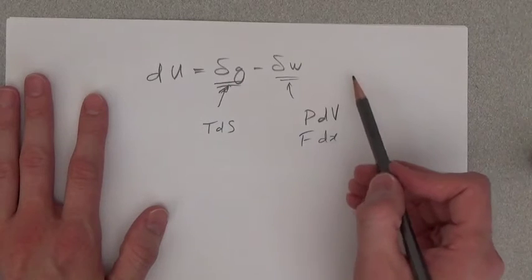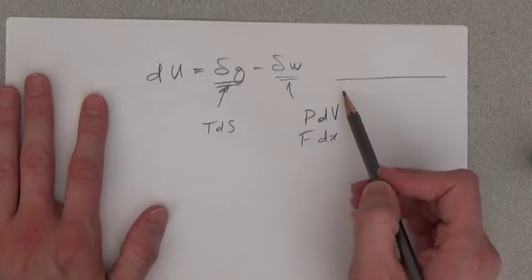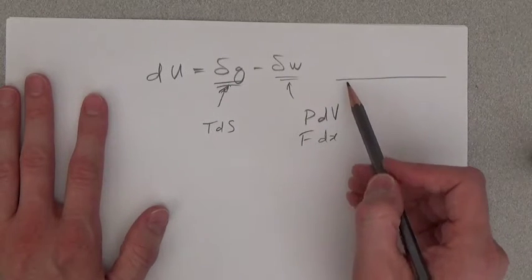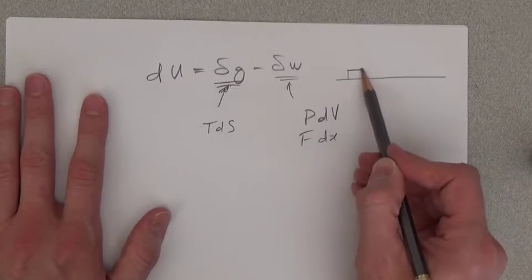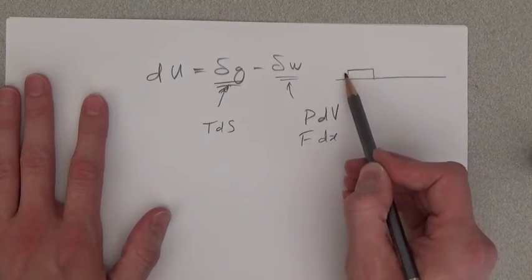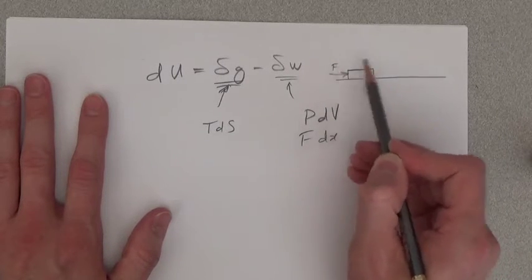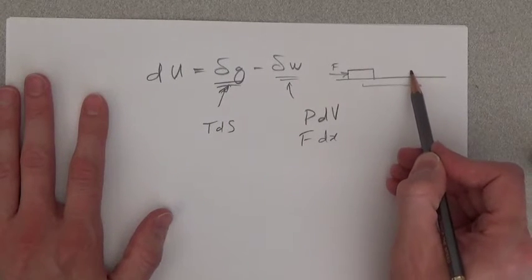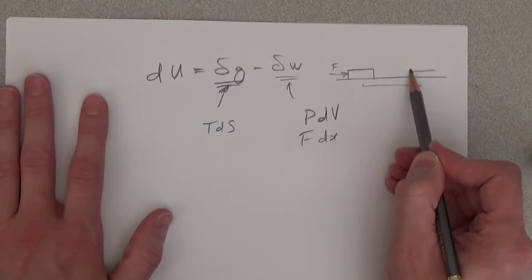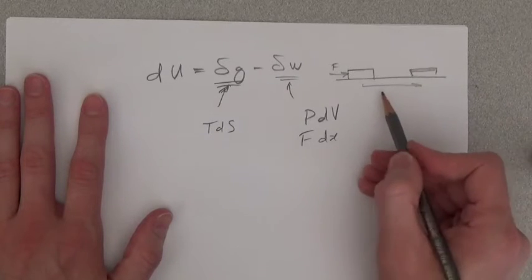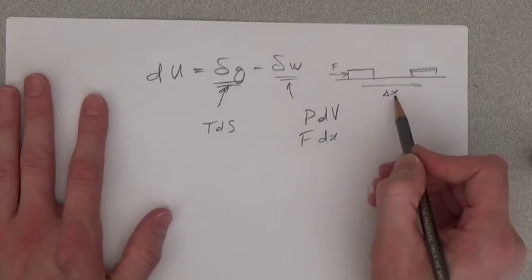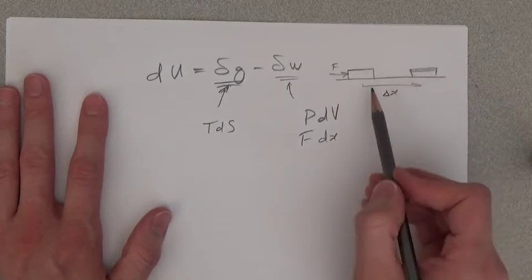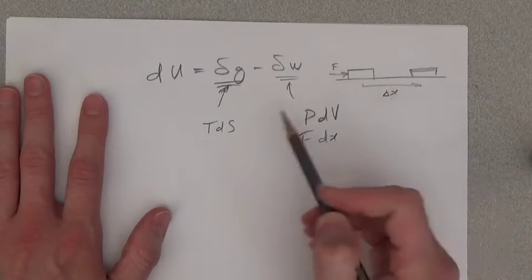You remember from your freshman or sophomore physics class that if you have some block and it has some force on it and it moves, I'll draw that better, moves here by some delta x, the work done is just force times the distance.